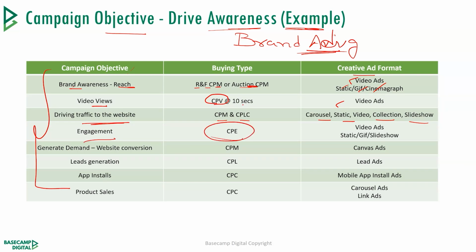So they know the objective, the buying type we're going to use, and the creative ad formats. So tomorrow, if there is a separate creative agency, all the client needs to do is forward this confirmed plan to the creative agency, and based on that they will create those creatives, right? So it's about giving them the objectives, the buying types, and the creative ad formats for the platform.